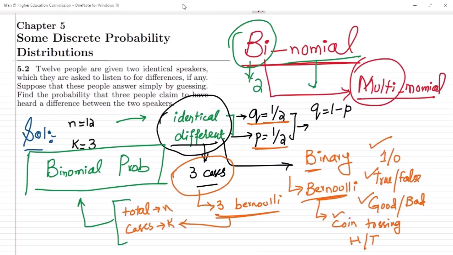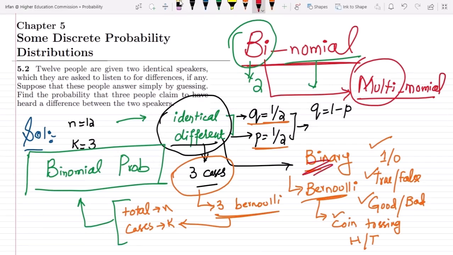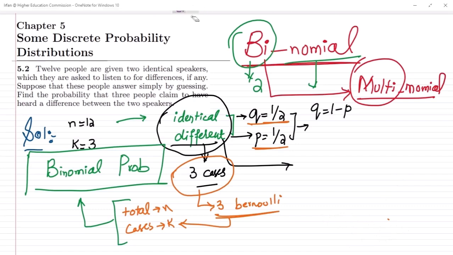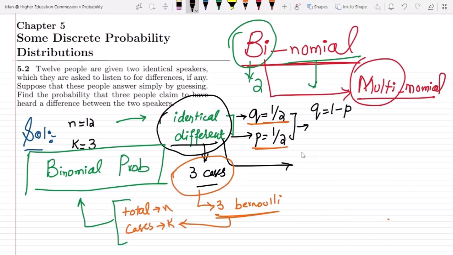So as we have all these cases here, let me remove it and see how to solve these types of questions. We know the formula for the binomial probability law. If we want to find the probability that the number of elements is equal to small k, it is n choose k times p to the power k, times 1 minus p to the power n minus k.